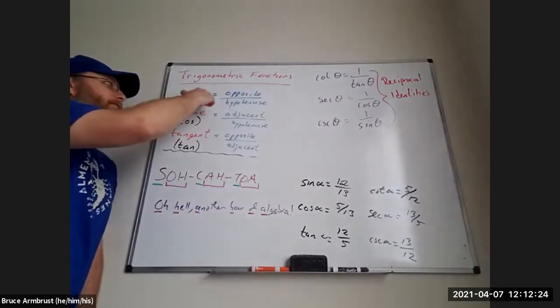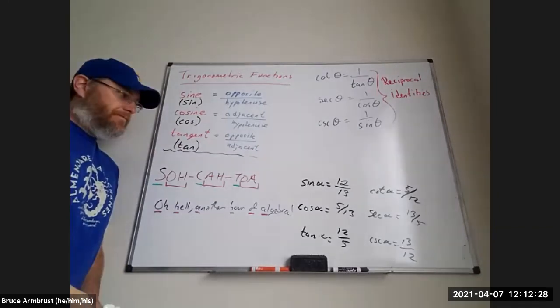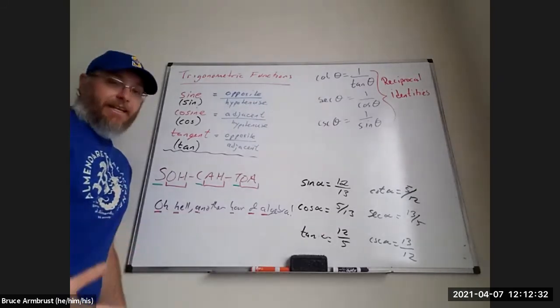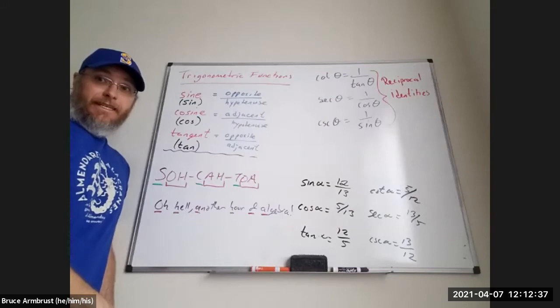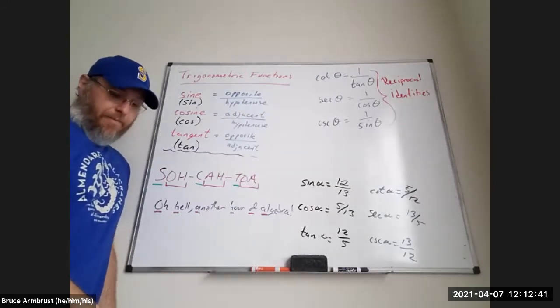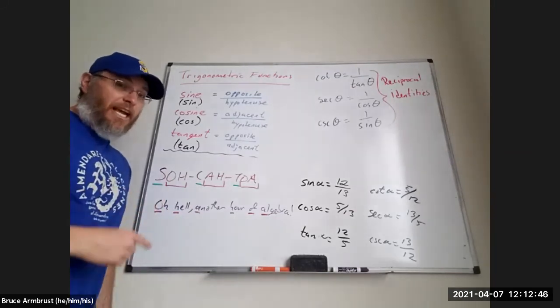If you remember in this order, sine, cosine, tangent. Okay, so remember the big three. And if you got the big three, you can get the other ones using the reciprocal identity.